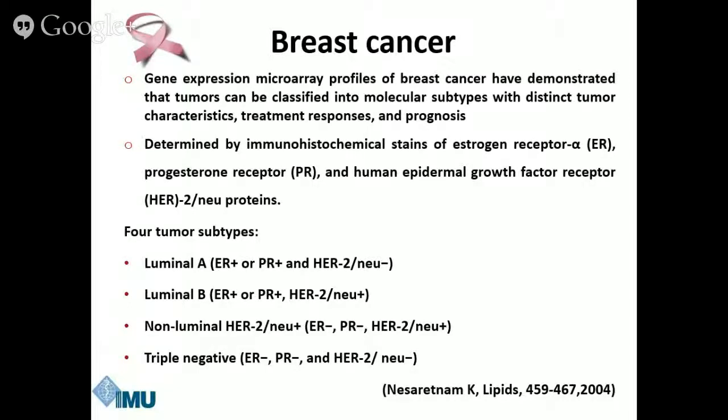So we have four tumor subtypes: luminal A, which is ER positive or PR positive, and HER2 negative. That means there is no HER2. Then luminal B, and non-luminal HER2. This one has a positive HER2 and may or may not express estrogen or progesterone. There is also triple negative, the one I spoke about. This one has no proper targets for these receptors.